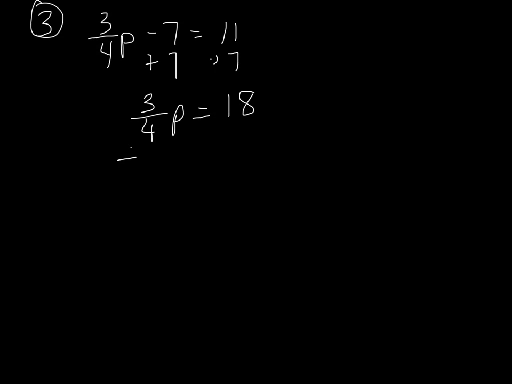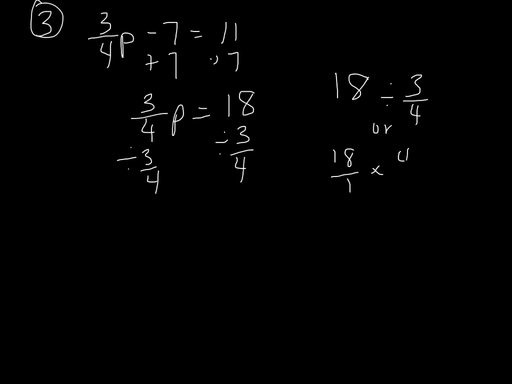Now I'm going to divide both sides by 3/4, and I'm going to get 18 divided by 3/4, or 18 over 1 times 4 over 3. So I can divide by 3 and get 6, divide by 3 and get 1. 6 times 4 is 24, and 1 times 1 is 1. So my P should equal 24.